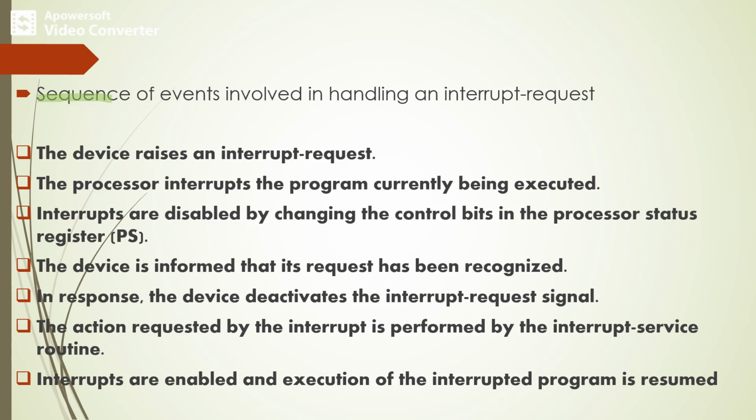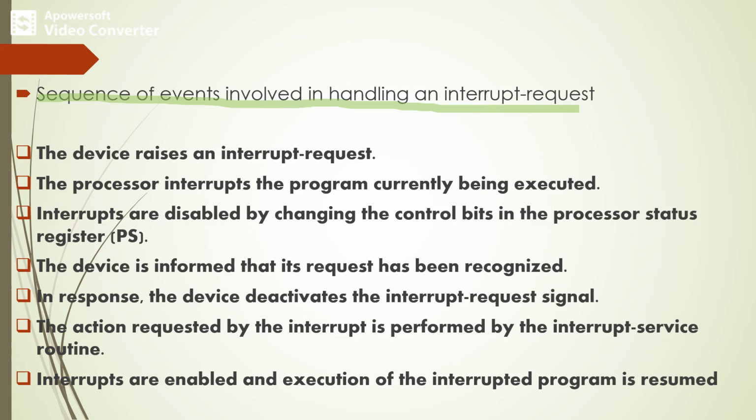Sequence of events involved in handling an interrupt request. The device raises an interrupt request. The processor interrupts the program currently being executed. Interrupts are disabled by changing the control bit in the processor status register, that is the IE bit.